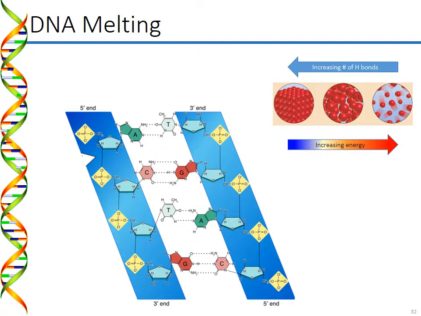As you increase the amount of energy, that structure gets increasingly disordered as the number of hydrogen bonds decreases, and ultimately becomes a completely disordered system of high energy with very few stable hydrogen bonds formed.